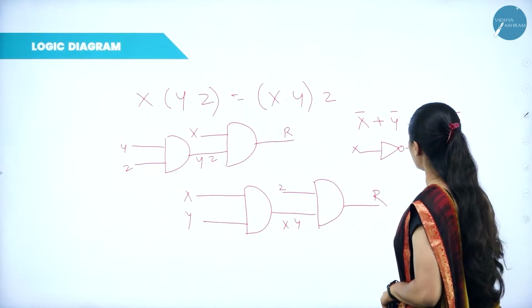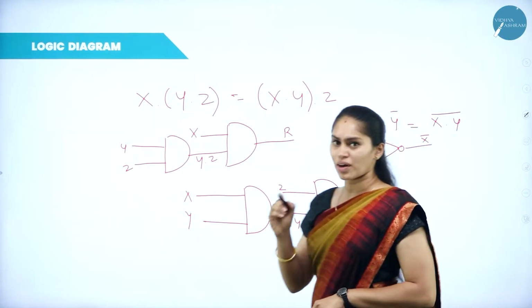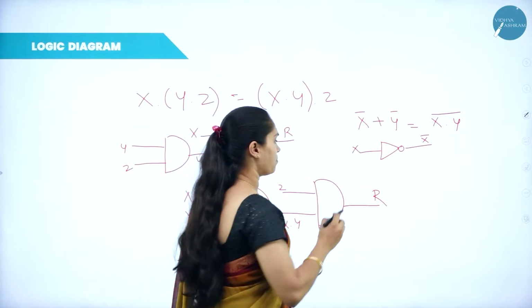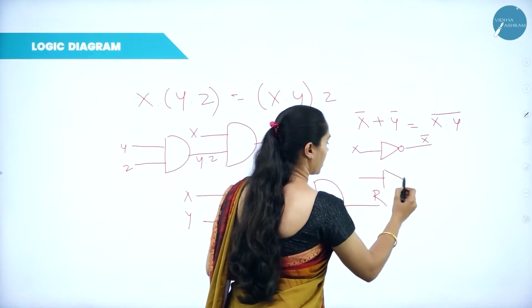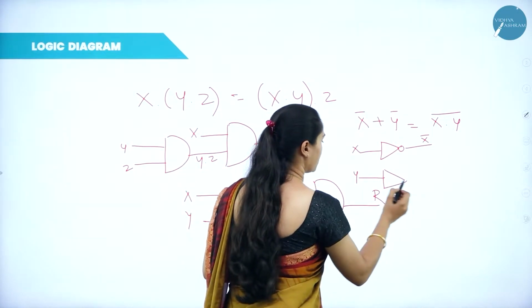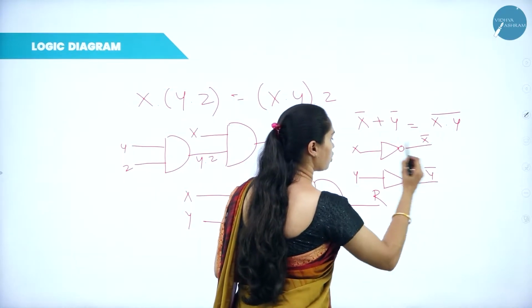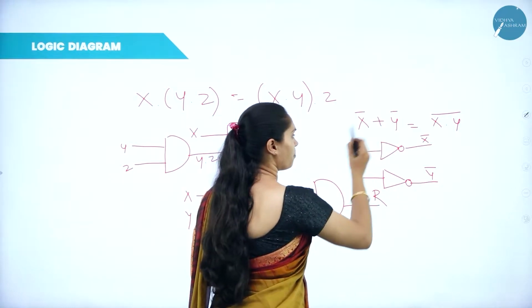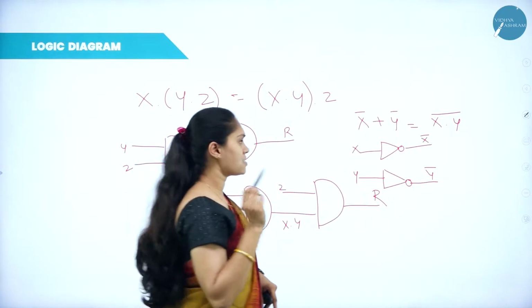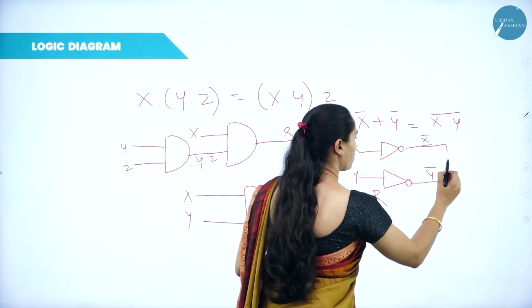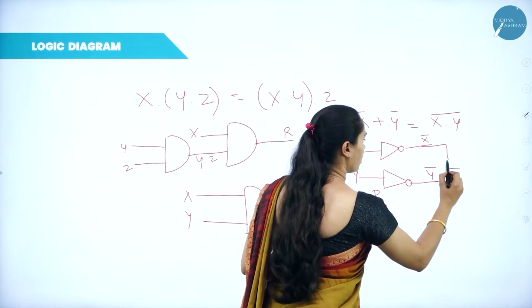This will be x, and this becomes x bar. Next what I have here is y bar. Let me take one more variable, y. If it is complemented, then it will become y bar. Which operation do I have in between? That is addition, so I need to have an OR gate.